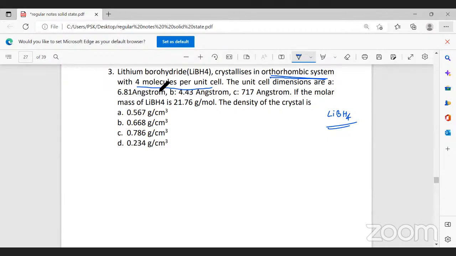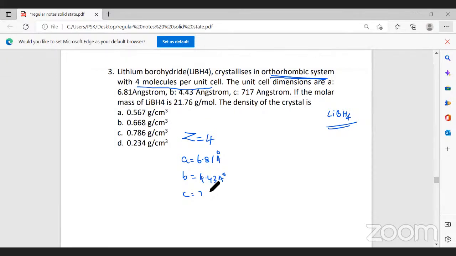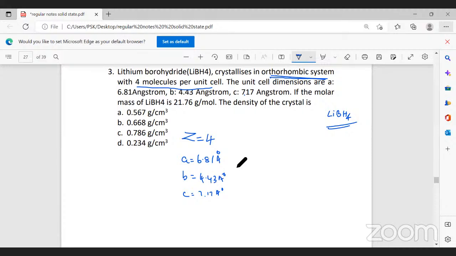We are not learning the orthorhombic system. They have given you in the question the number of molecules per unit cell, so the Z value they have given us is 4. The unit cell dimensions: A is 6.81 angstrom unit, B is 4.43 angstrom unit, and C is 7.17 angstrom unit, not 717.